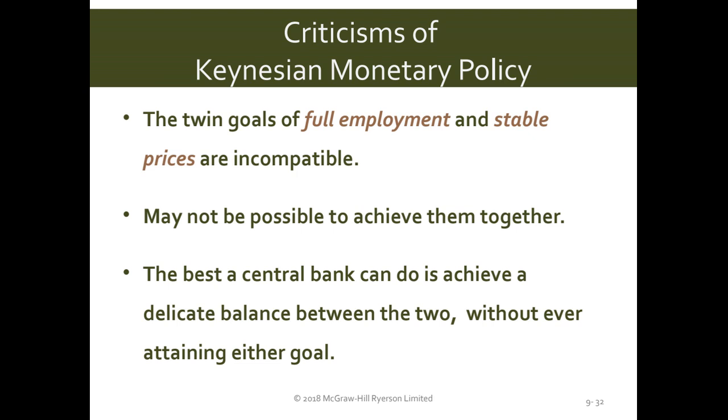So it may not be possible to achieve them together. The best a central bank can do is achieve a delicate balance between the two without ever attaining either goal. So what the Bank of Canada should do is accept a certain level of inflation and a certain level of unemployment. You cannot eliminate both at the same time. That is the problem.